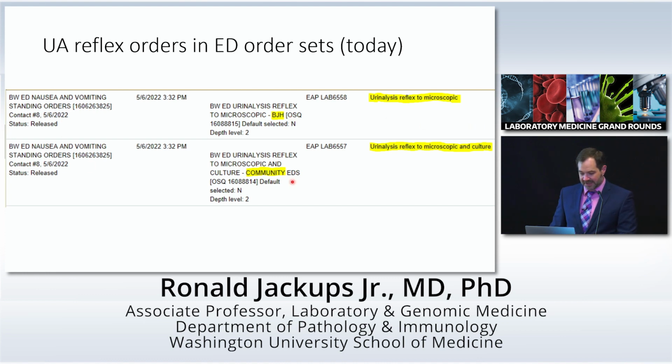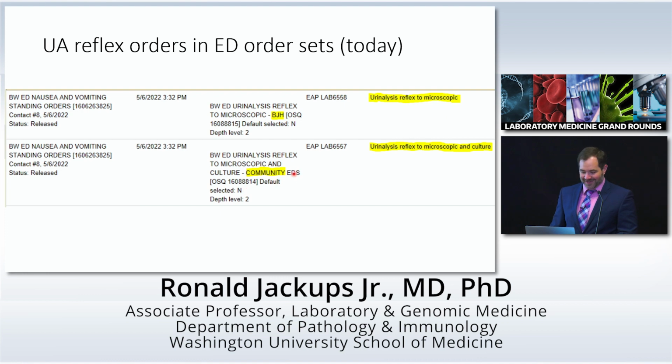We found some order sets that contained different uses of reflexes. We were able to change the academic hospital's reflex to the one without the culture as the generic order set selection.